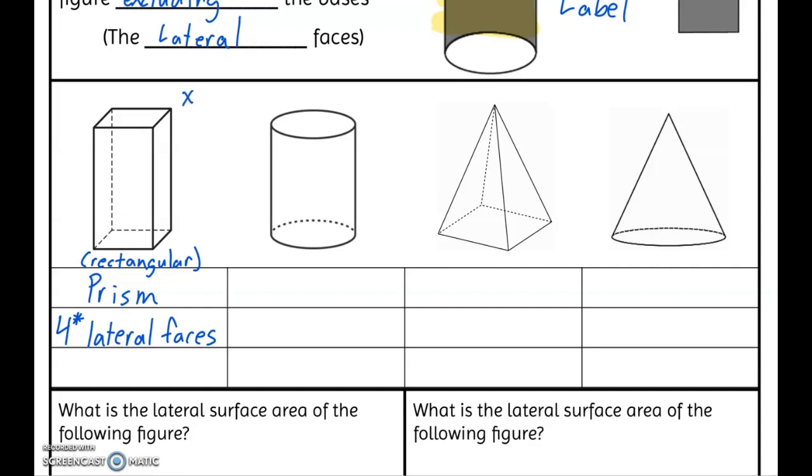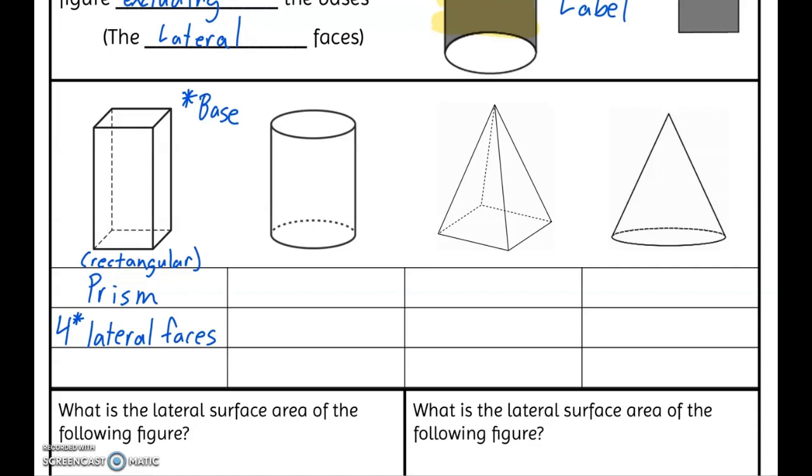Now, the number of lateral faces on a prism depends on the base, on how many sides that base has.